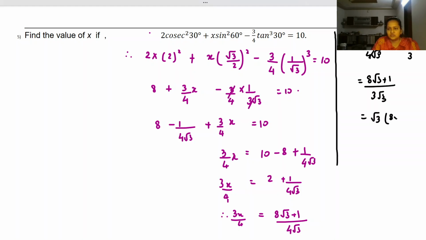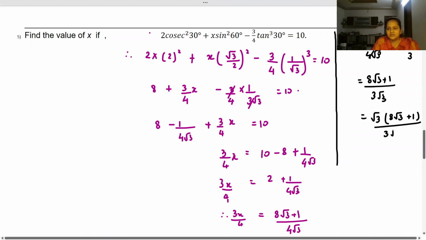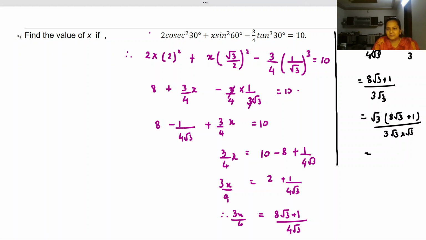So we have 8 root 3 plus 1 upon 3 root 3 into root 3. So that gives me 8 root 3 into root 3, 3, that's 24, plus root 3 upon 9. So we can say that x is equal to 24 plus root 3 upon 9.